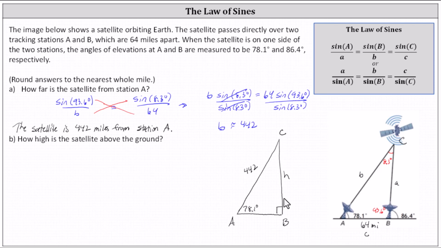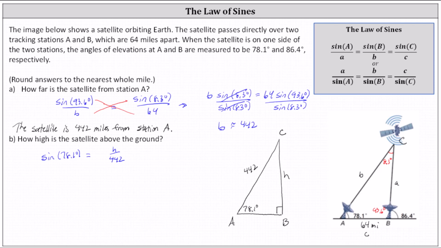In relation to the angle of 78.1 degrees, H is the opposite side, and we have the length of the hypotenuse, and therefore we can use the sine function to determine h. The sine of 78.1 degrees must equal the ratio of the opposite side to the hypotenuse, which is h divided by 442.